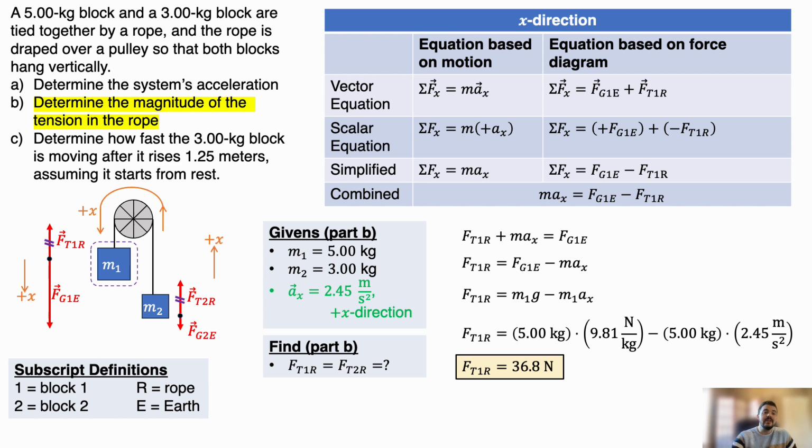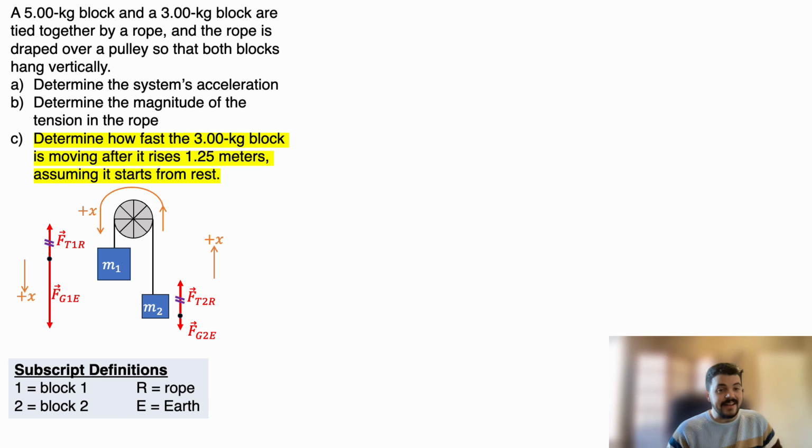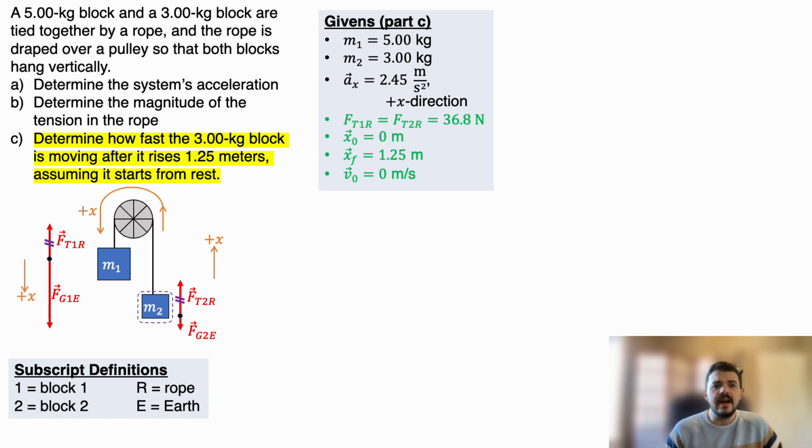Let's go ahead now and look at part C of this problem. We are trying to determine how fast the 3 kilogram block is moving after it rises 1.25 meters, assuming that it starts from rest. Since we are analyzing the 3 kilogram block, that seems like the natural system to choose. Let's make a list of givens for part C. Here we have the same givens as part B plus a few new ones.